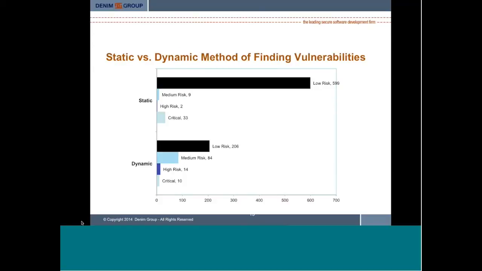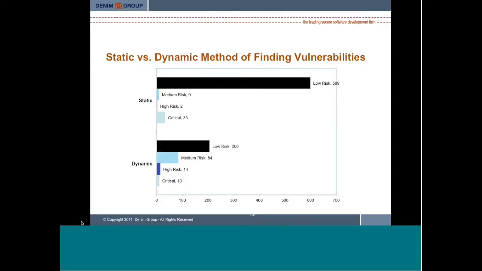So if we look at the static versus dynamic method of finding vulnerabilities, a lot of low-risk vulnerabilities were identified by static analysis, but also pretty significant critical vulnerabilities. If we look at dynamic testing, we found a lot of low-risk vulnerabilities and medium risk, but then it tails off pretty quickly if you're looking at the high risk and the critical.